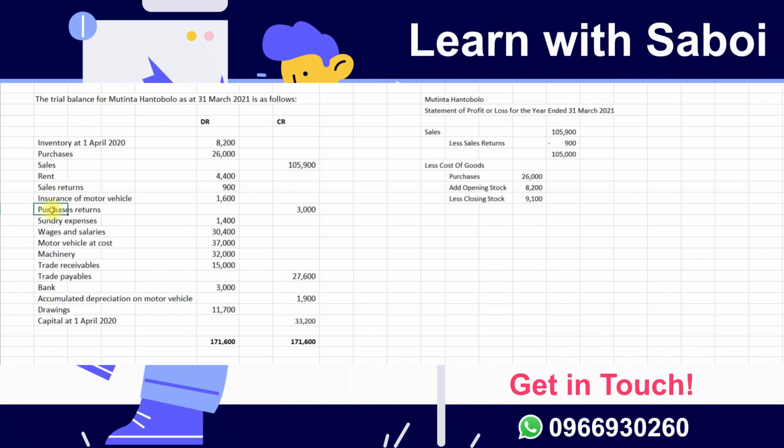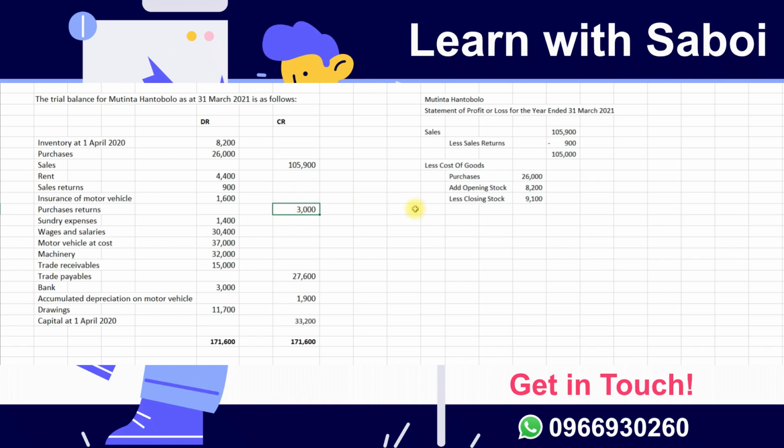What does this mean? It means that we bought goods, whatever goods it is that we purchased, then we return goods worth 3,000. So meaning we bought goods worth 26,000. Out of this 26,000, something may have been wrong or for whatever reason, we take away goods worth 3,000 and return.